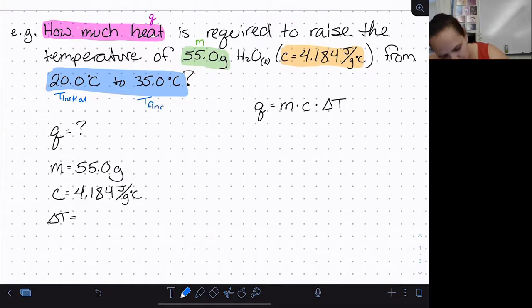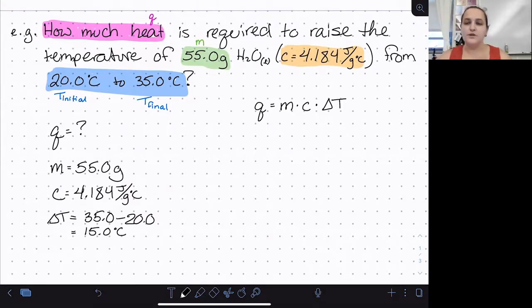We're going to 35, so that is our final. Delta T is always T final minus T initial. So 35 minus 20 is a temperature change of 15 degrees Celsius. That temperature change is positive because we have increased the temperature, we've made our water warmer.